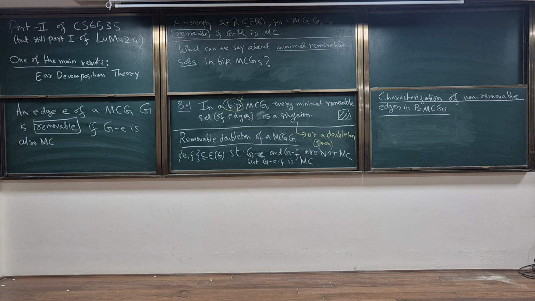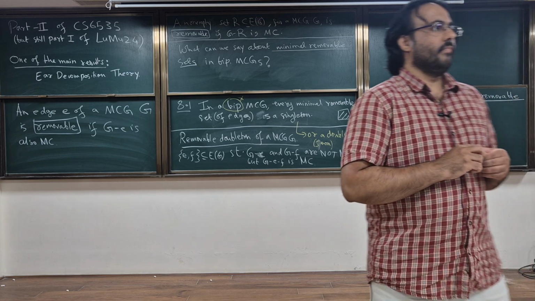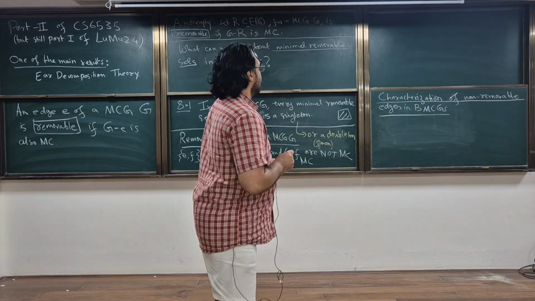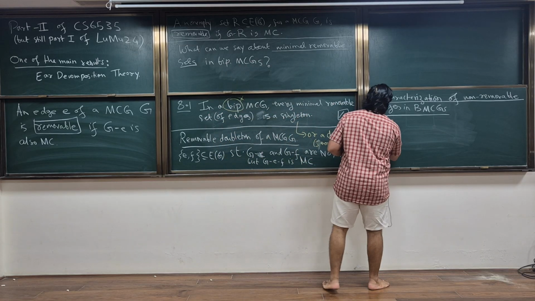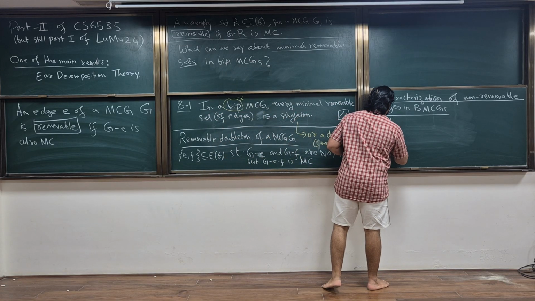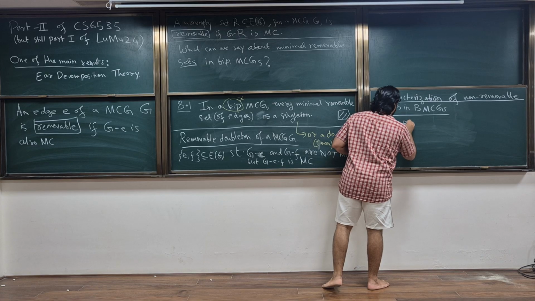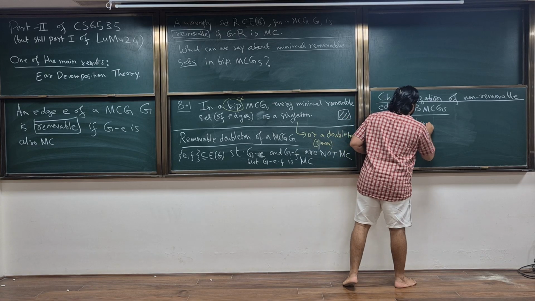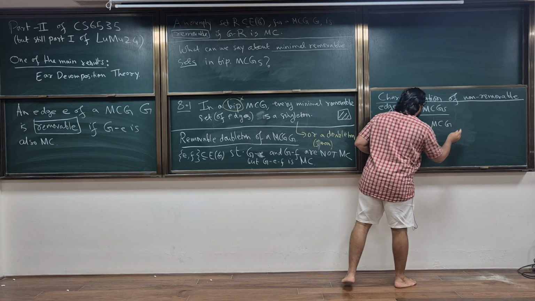So why is an edge not removable? Right. So consider G, with bipartition A, B, to be your bipartite matching covered graph.